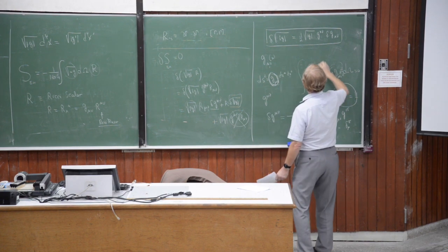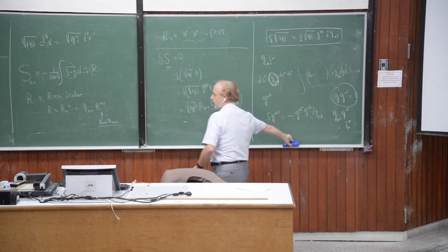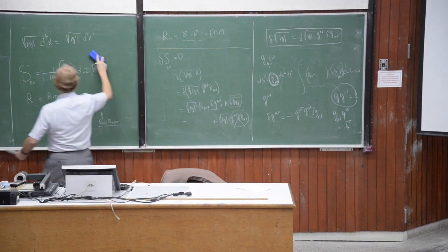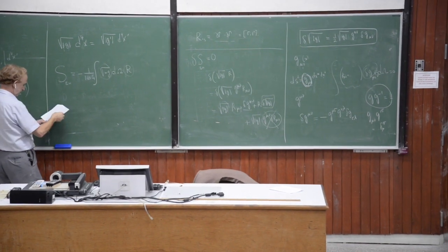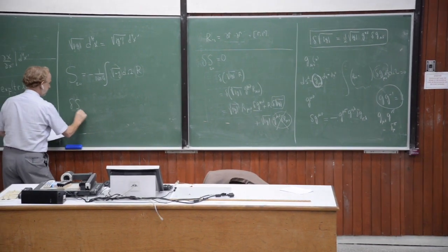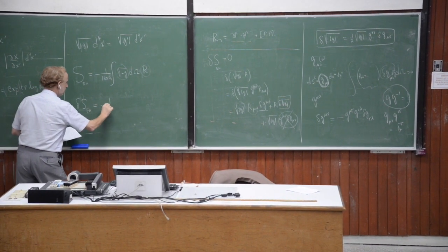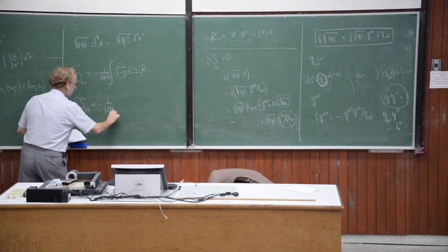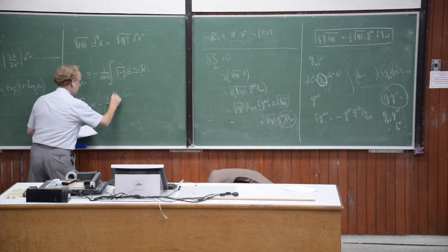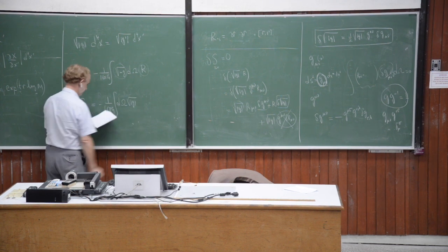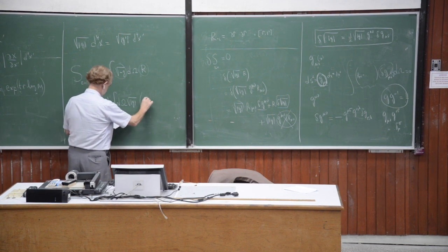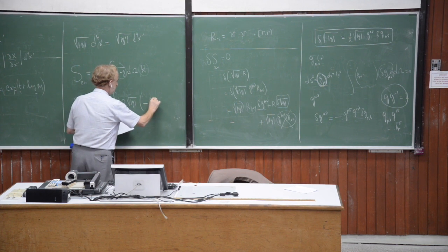Yeah. Okay, let's write it down. So what do I get? Delta S, Einstein-Hilbert, is minus 1 over 16 pi G integral d omega square root of G. And then I will have minus R mu nu.